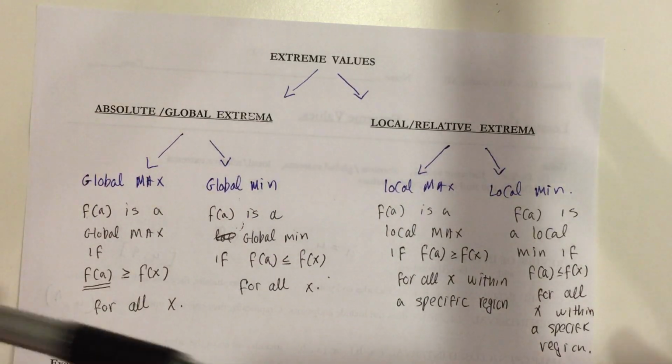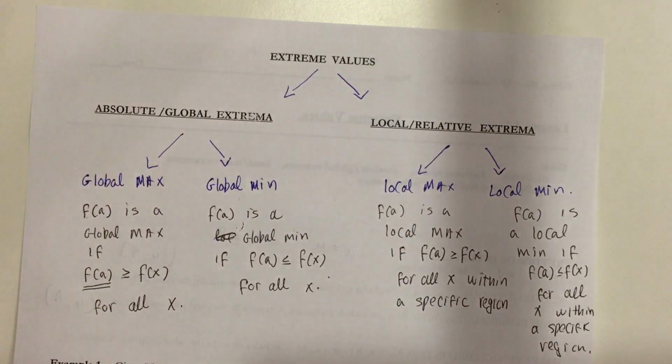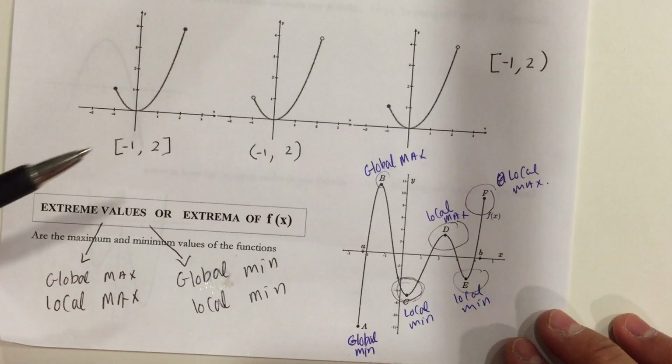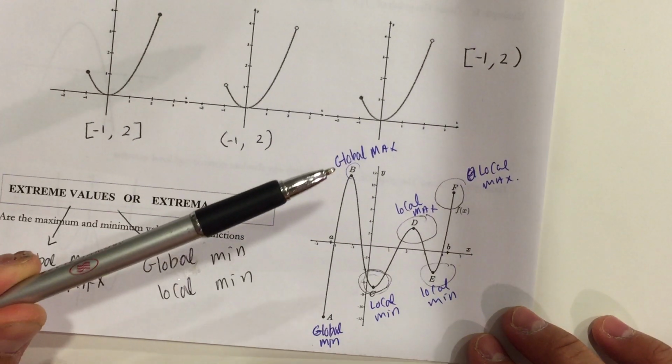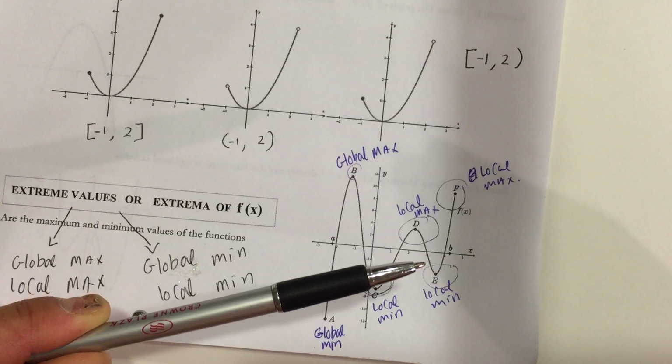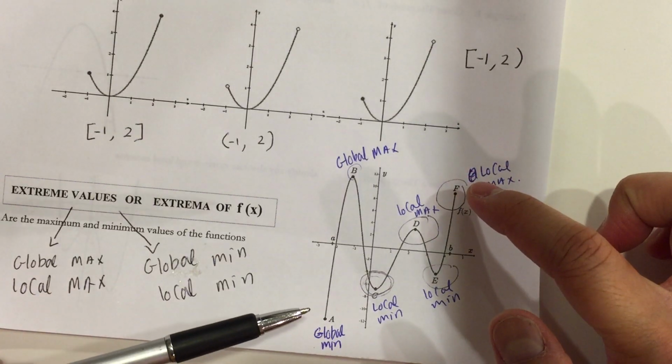And all of those categorize extreme values. Now, hopefully you might have figured this out by now, but extreme values occur at the turning points and also at the endpoints.